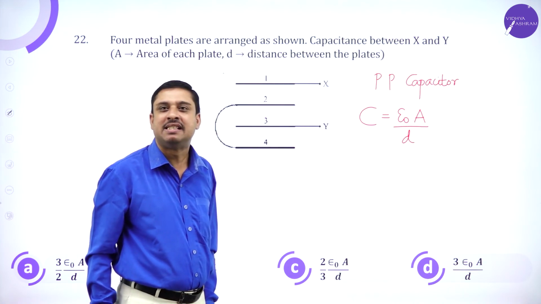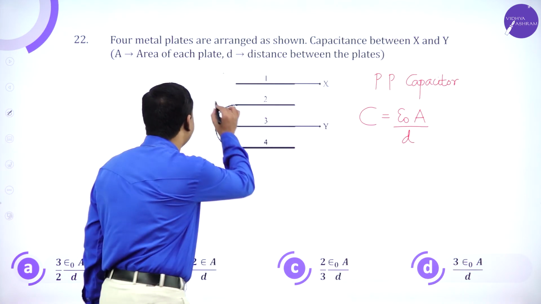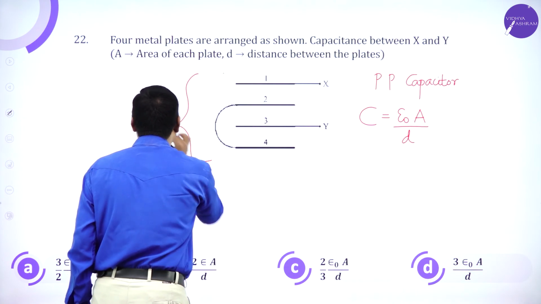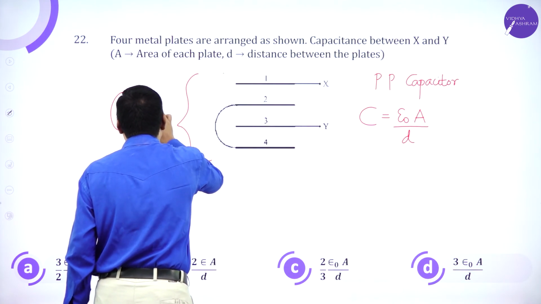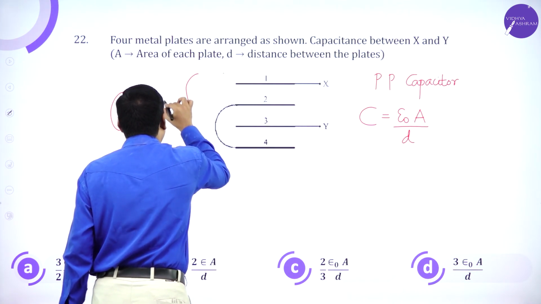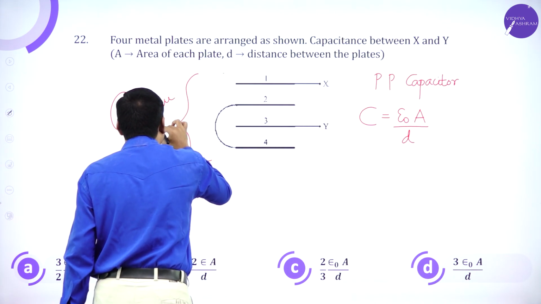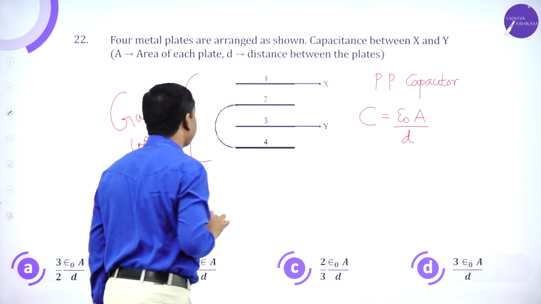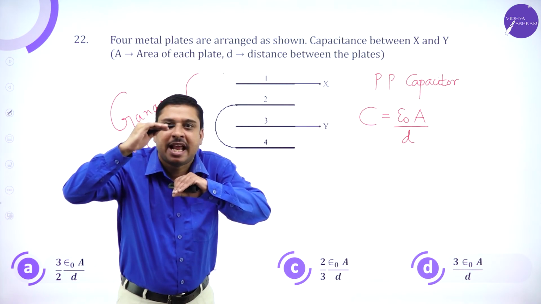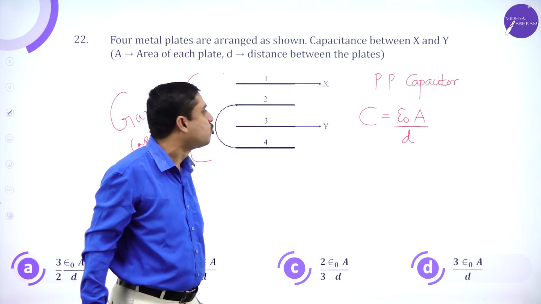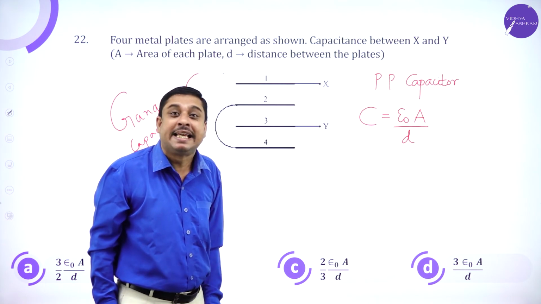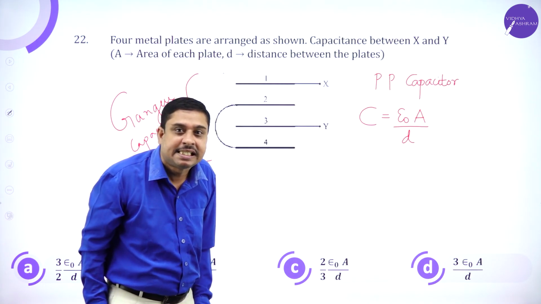My dear students, please remember, such type of an arrangement is called gang capacitors, where you have metal plates inserted in between. They are called gang capacitors.